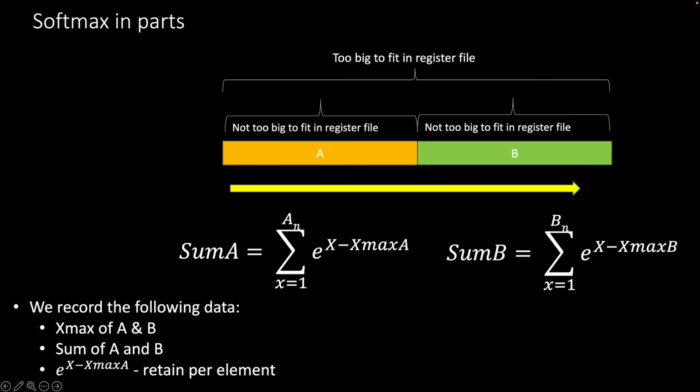But it will be an exponent with the local max subtracted and not the global max, and we will fix it later. Okay, so we do it for A and then we do it for B.